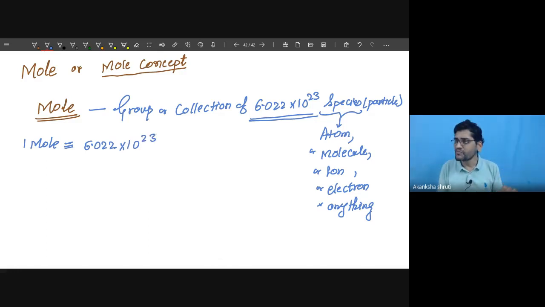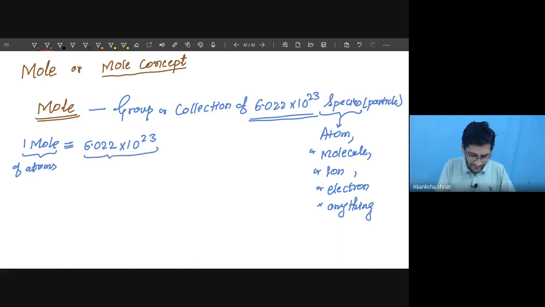So whatever mole we are considering is always for certain things. If I write 1 mole of atoms, then I shall collect 6.022 into 10 to the power 23 atoms. If in place of atoms we are considering molecules, then this much molecules we need to consider.